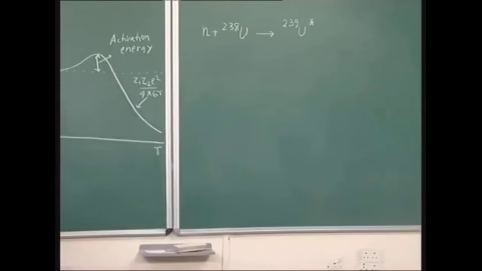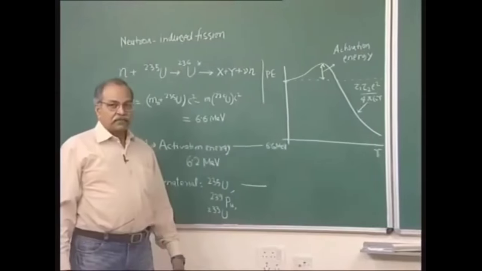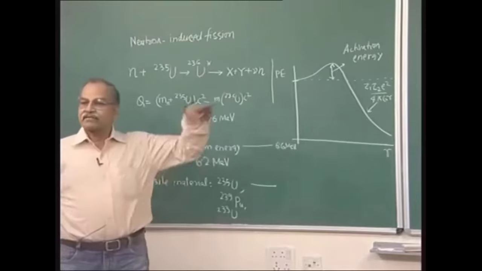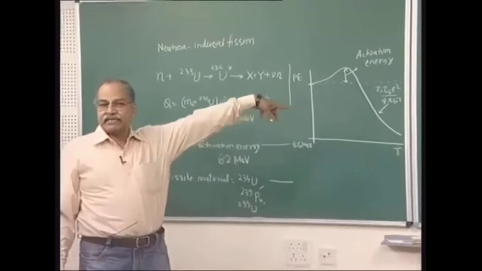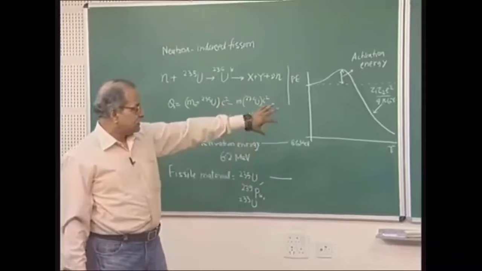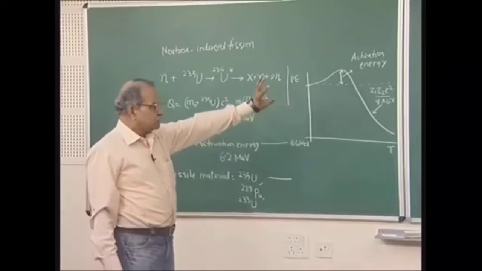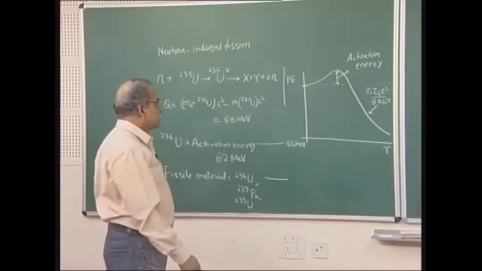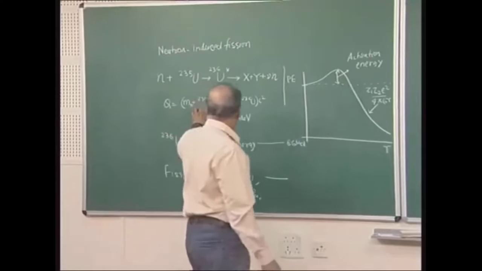What is the excitation energy? How much above the ground state is this uranium 239 created if this neutron has almost 0 energy? If it gets absorbed there with initial kinetic energy 0, then you can calculate the Q value.